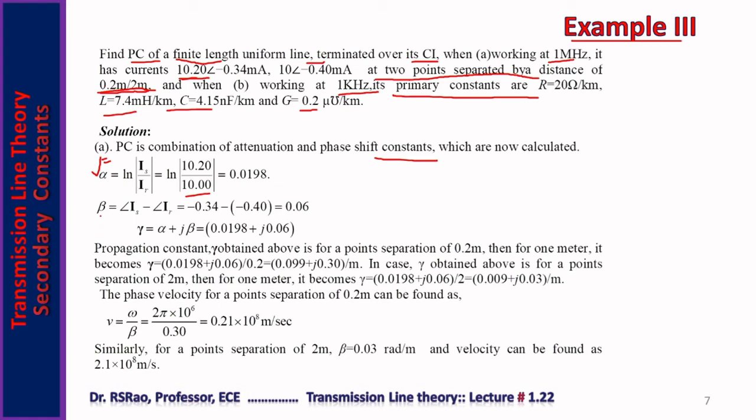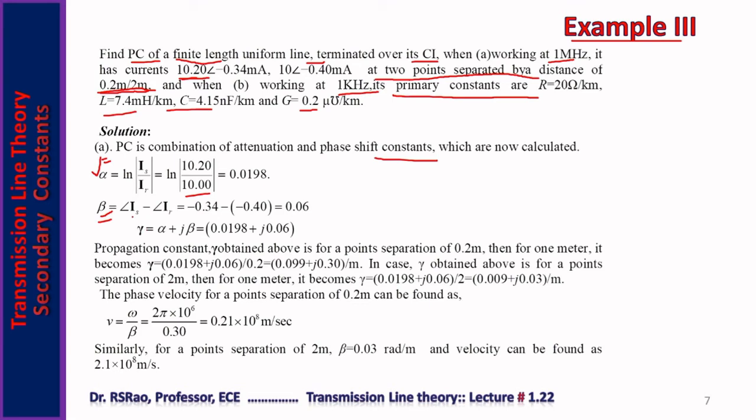Okay, right. Beta, by definition, is angle of IS minus angle of IR, where sending and receiving end points are separated by unit distance. But first we consider 0.2 meter distance.